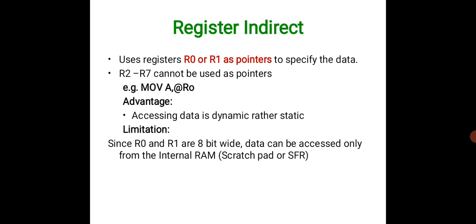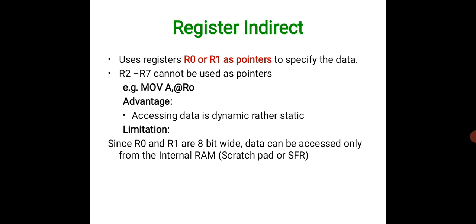I can initialize the starting location of the block in a register and keep on incrementing it, such that I move the data dynamically rather than statically. The limitation is that we use only R0 and R1, which are 8-bit wide, so this can be accessed only from the internal RAM, since they hold 8-bit addresses.